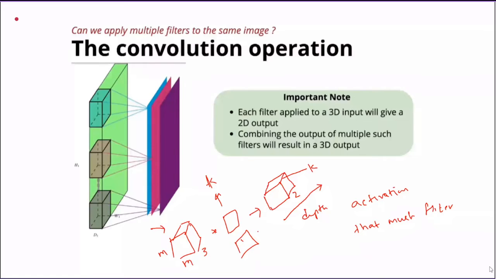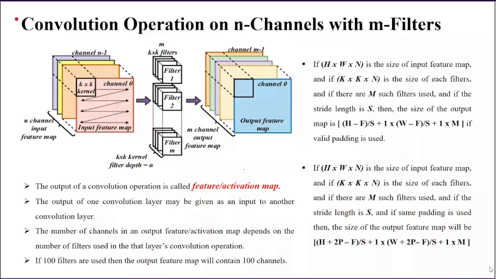So this is generally how the activation map is created from the input with the help of these filters. Normally, the output of a convolution operation is what we call a feature map or activation map.